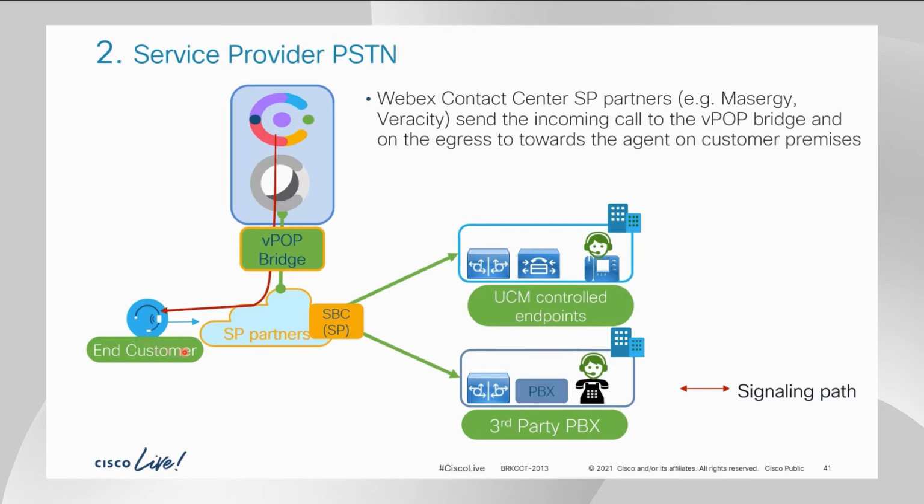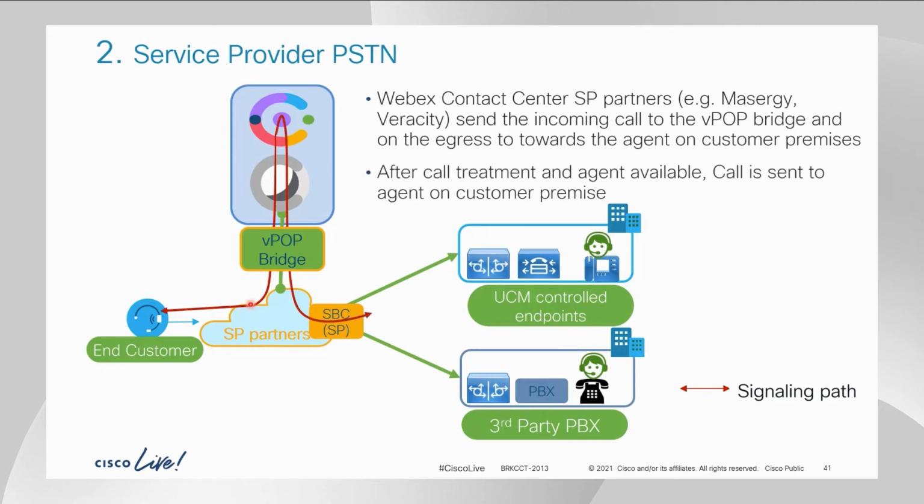The service provider partner sends the call to the Webex Contact Center cloud via the VPOP bridge. Once the call is in the cloud, we queue it, treat it for IVR, and once an agent becomes available, we use the same path, the service provider PSTN, to get to the agent, just like in option number 1.